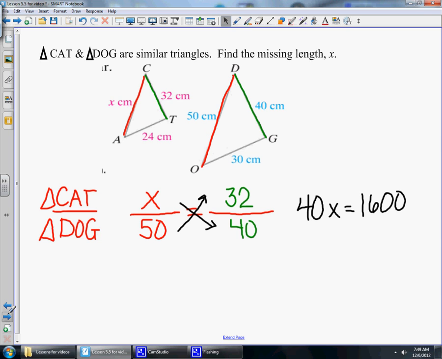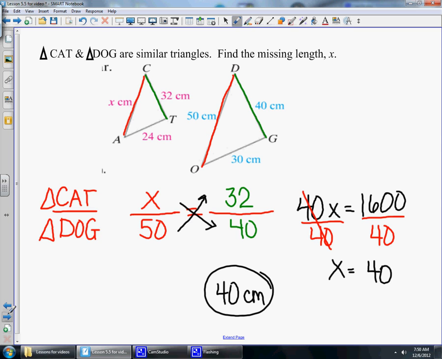Now we're going to solve. We divide by the coefficient, which is to divide by 40. 40x divided by 40 is x, and 1,600 divided by 40 is 40. So the length of side X is 40 centimeters.